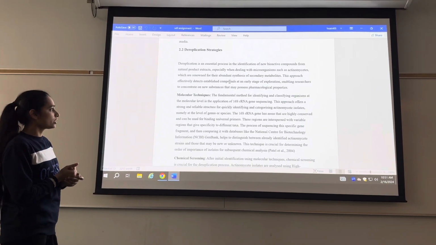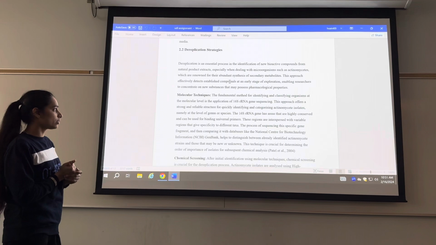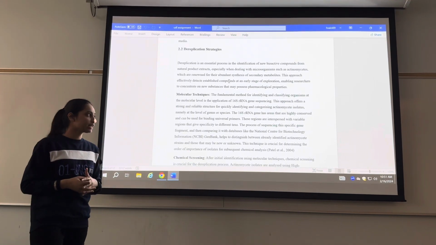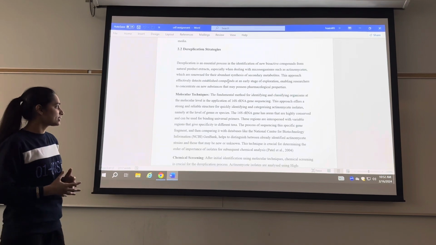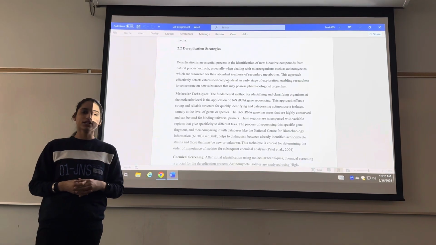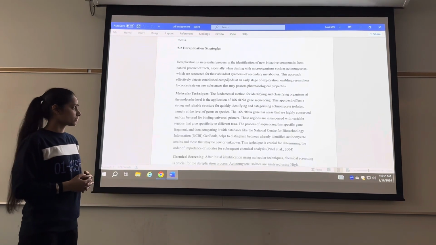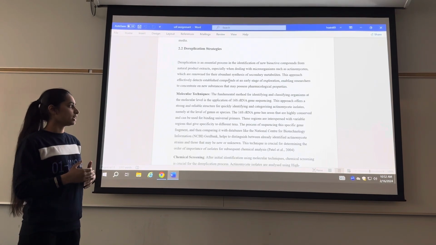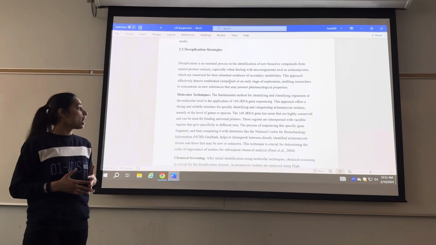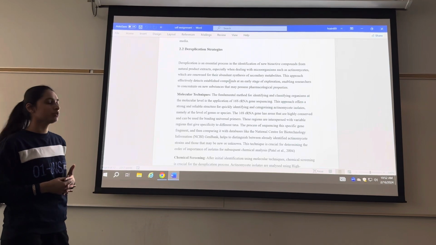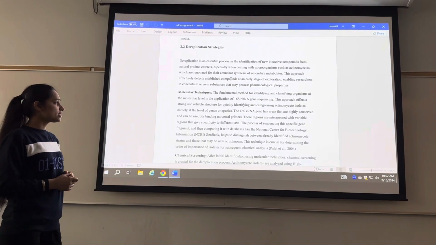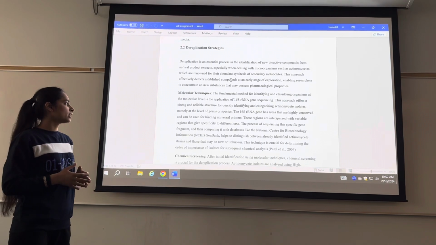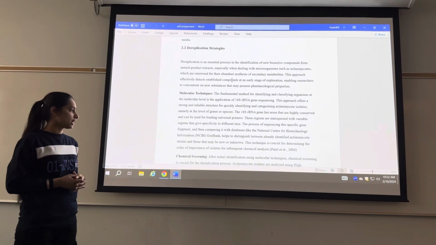This approach offers a strong and reliable structure for quickly identifying and categorizing the actinomycete isolates, namely at the level of genus or species. The 16S rRNA gene has areas that are highly conserved, and these are used to build the universal primers. There are also variable regions that give specificity to different taxa.